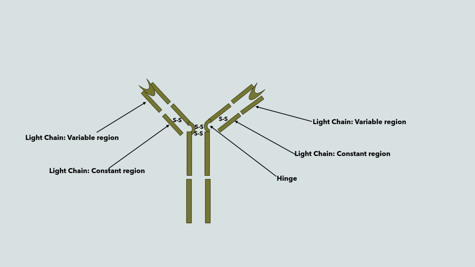So one of the important regions, the variable regions, is highlighted on the light chain, but I've also given you the previous slide where it's on the heavy chain, and that's where you get the binding, or at least you get the complementarity determining regions that possess the paratopes.